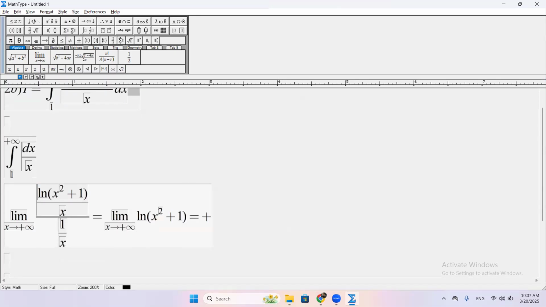And the result is plus infinity. So this integral diverges. That's why we calculate limits. Any questions about this exercise?